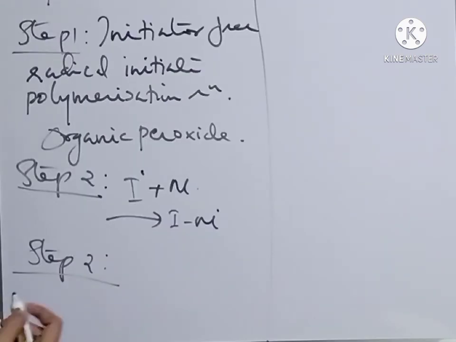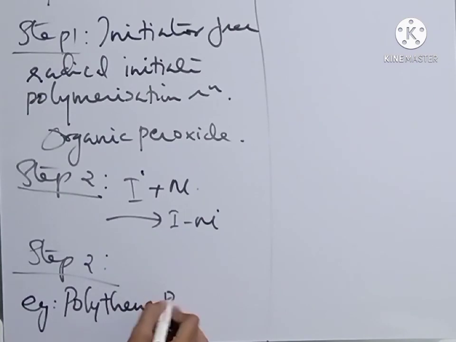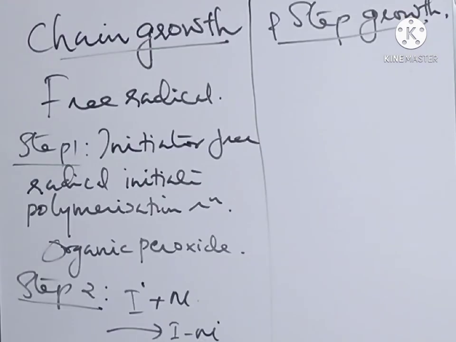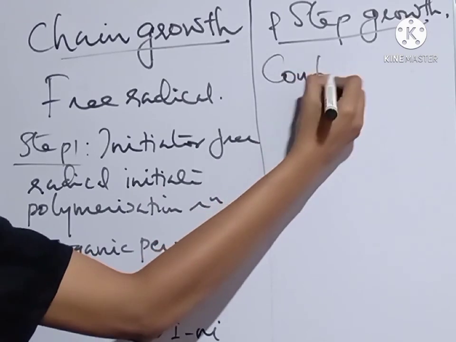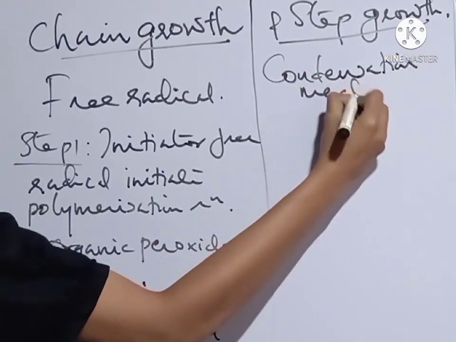Examples are polythene, PVC, etc. Then coming to step growth polymers, the polymerization is done through a condensation mechanism.